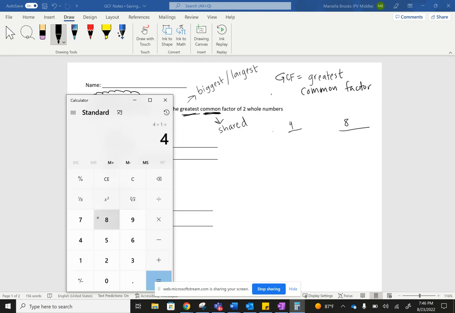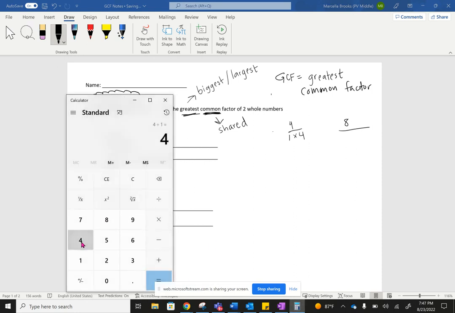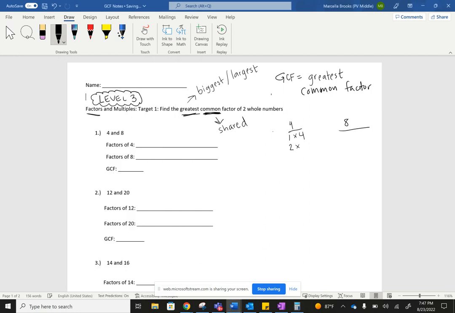That equals 4, so 1 times 4 makes 4. Now let's do 4 divided by 2. This tells us whether 4 is divisible by 2. It is, so 2 times 2 makes 4. And that is it for 4. Those are the factors of 4.